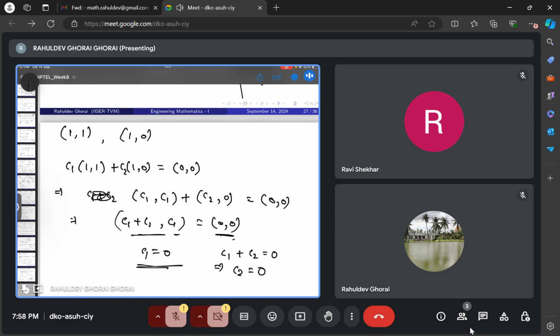So for these two vectors, if we start with this linear combination, then C1 and C2 have to be 0, and that is the definition of linear independence. That's why it is not linearly dependent. They are linearly independent, and you cannot get (1,0) from (1,1).